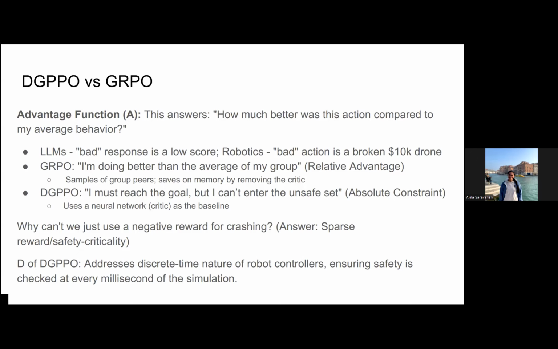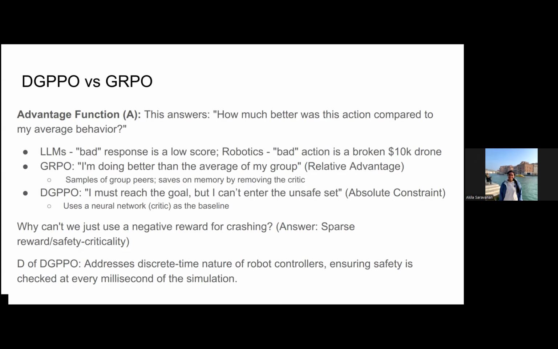With DGPPO, the priority is you want to reach some target, but you have to do it safely. We define some unsafe set with our CBF, or control barrier function. What we're learning is not just how to move, but also what defines the boundaries of our safe set. And you use a critic in this case, some neural net kind of structure.